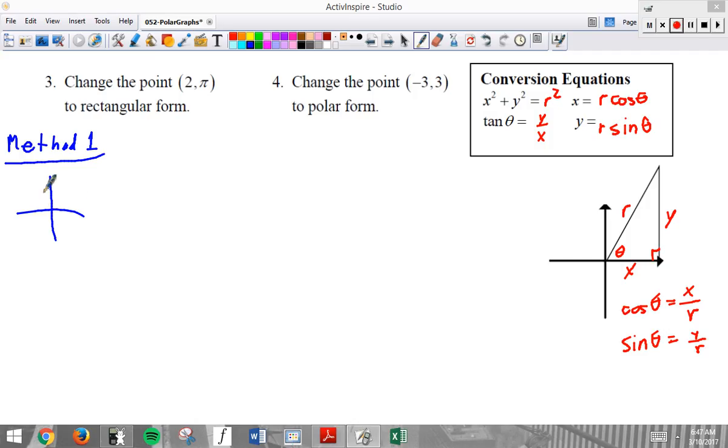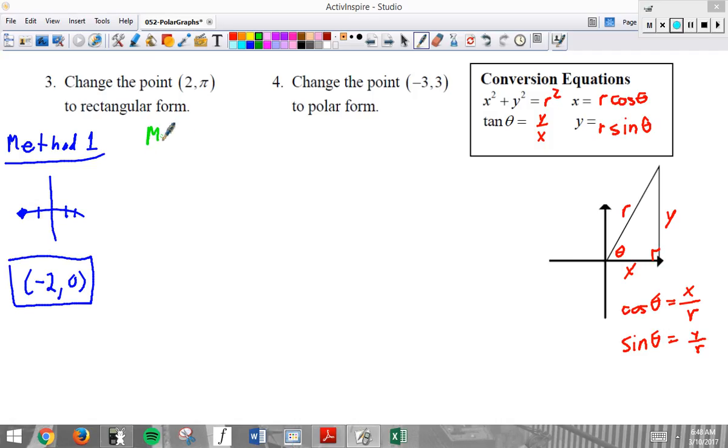Or rotate by pi, and then go 1, 2 out. Either way, you get to here. Because it's 2 out, rotated by pi, or rotated by pi, 2 out. So what coordinate is that? -2, 0 in rectangular form.